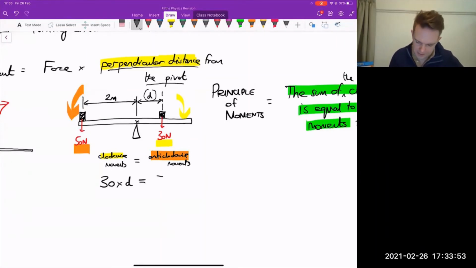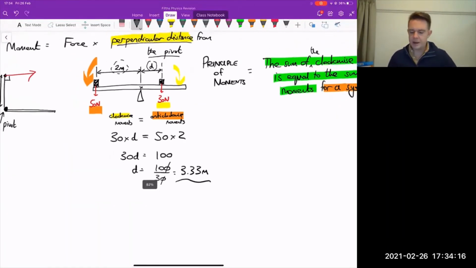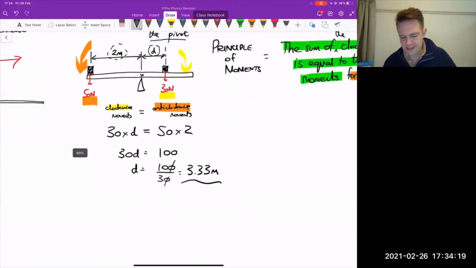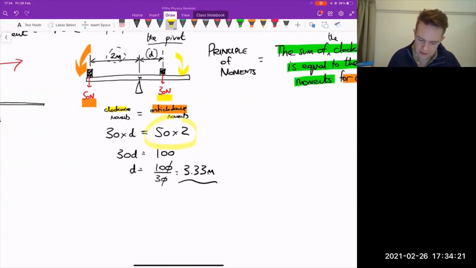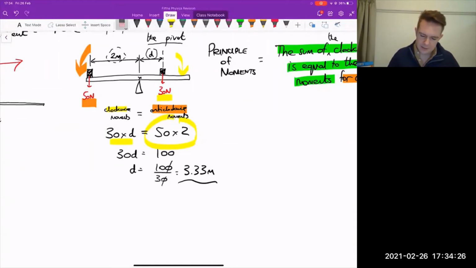So the value of that would be 50 newtons times the distance, 2. So we get 30 d equals 50 times 2, which is 100. Then d is 100 divided by 30, which is 10 over 3, which is 3 1/3, which is 3.33 meters. So you're basically working out the clockwise moment and then setting it equal to the anti-clockwise moment.